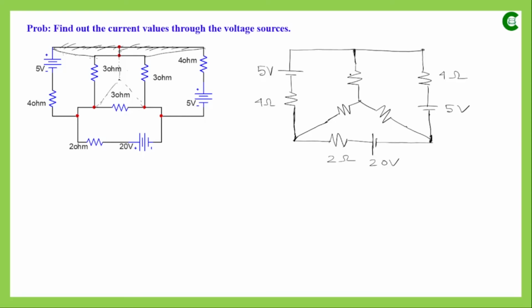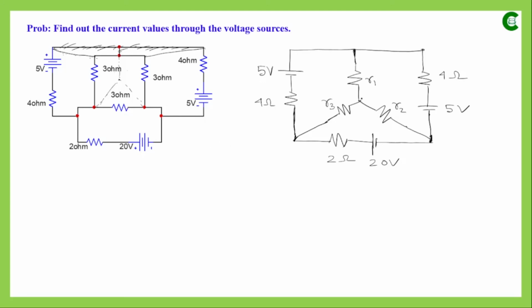Now we have to find out the equivalent resistance values for this star connection from the given delta connection. How can we do that? We have to apply the formula. Suppose this is R1, this is R2, and this is R3.